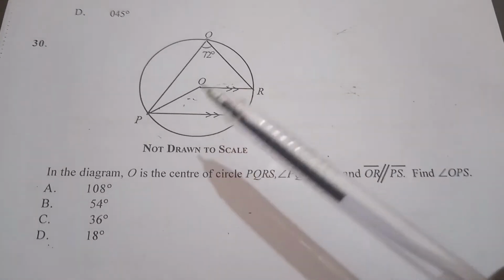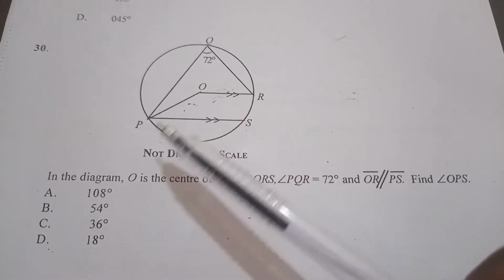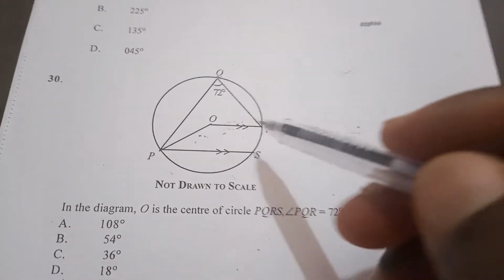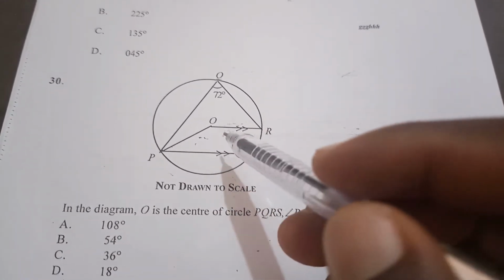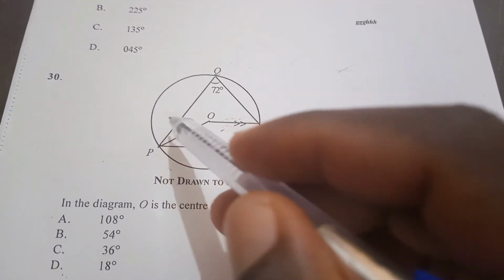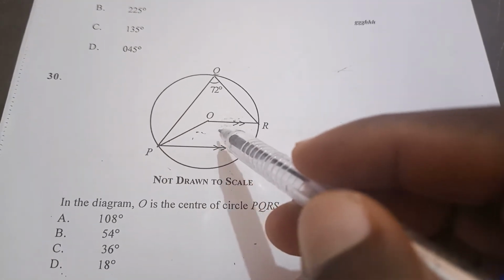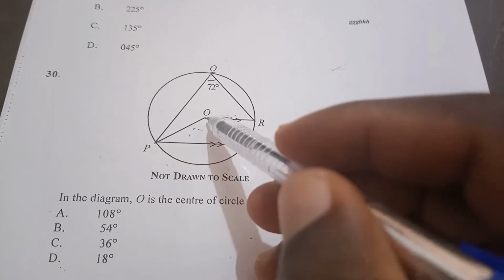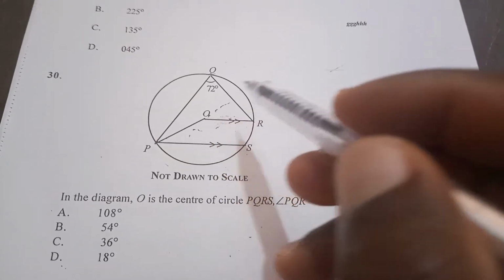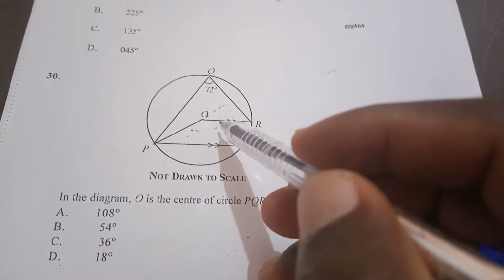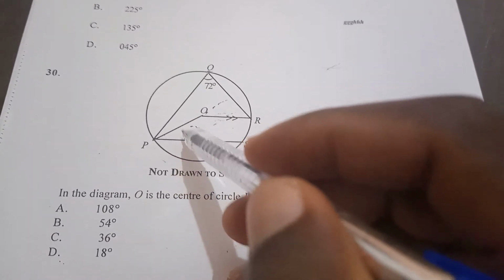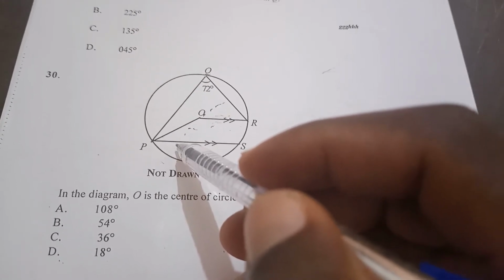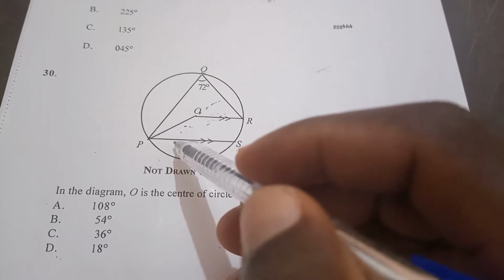So if we are taking PO as a transversal, it means that if we should extend OR to the left, the angle formed here will be the same as the angle formed here, because they will be corresponding angles. And corresponding angles are equal.